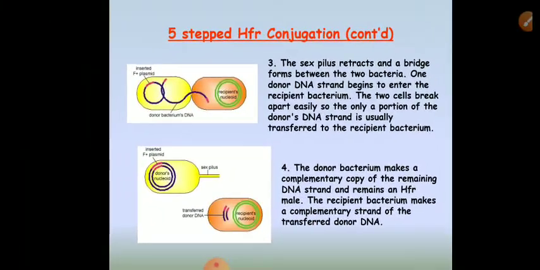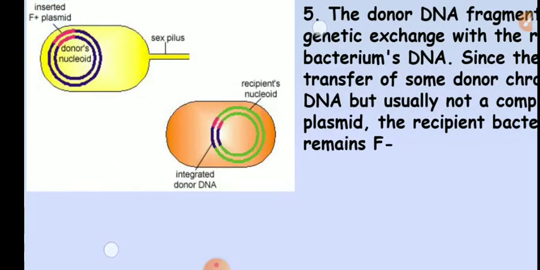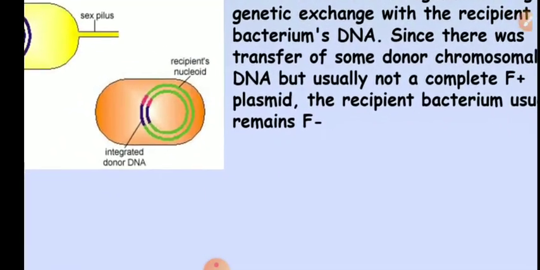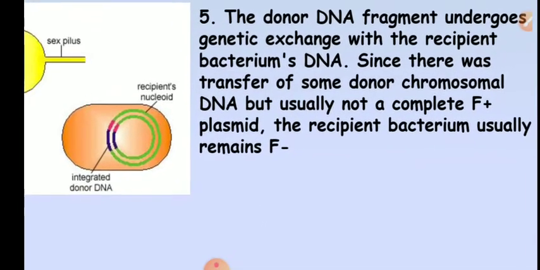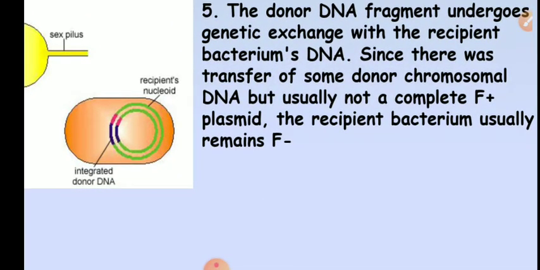And then what happens? The donor DNA gets integrated inside the recipient DNA, and hence we say that the recipient cell has undergone recombination, and that too through conjugation. So the donor DNA fragment undergoes genetic exchange with the recipient DNA, and the donor DNA gets integrated inside the recipient cell.